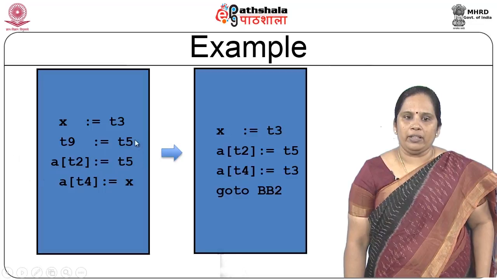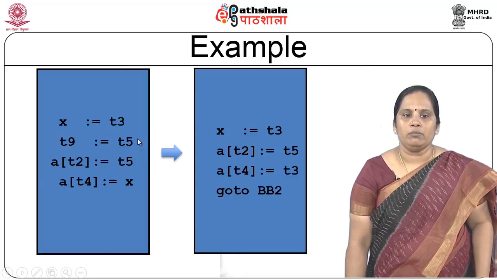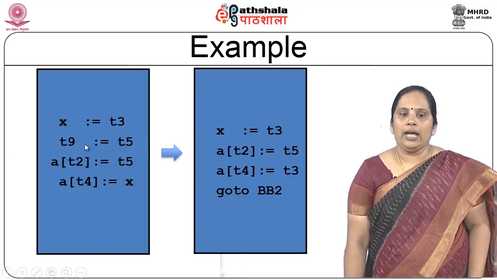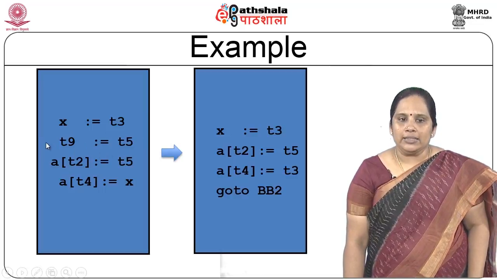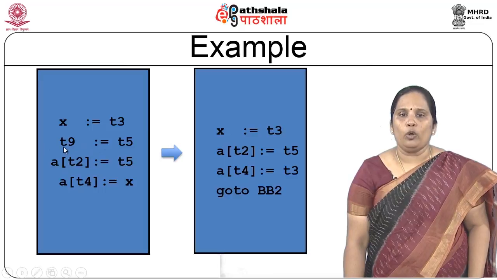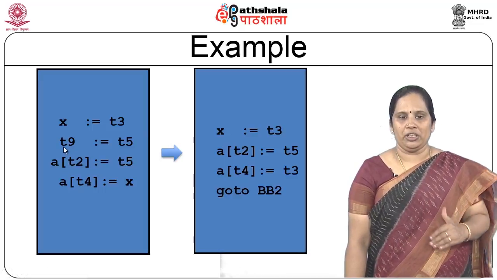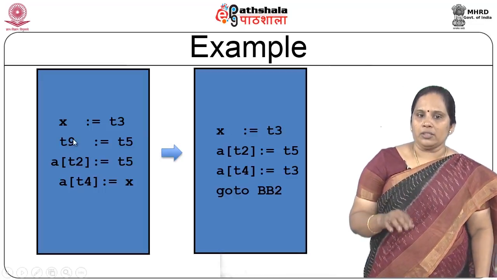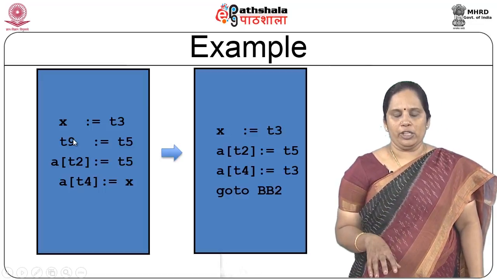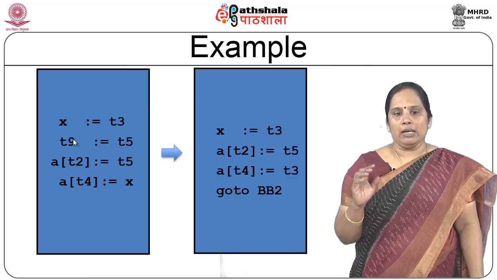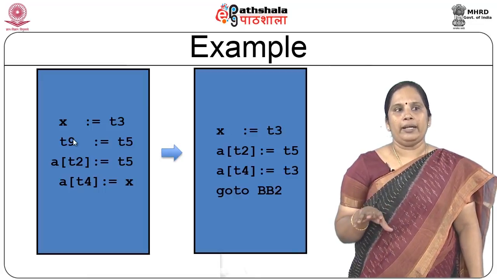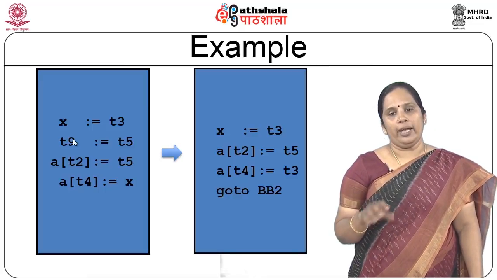Now this T9 is equal to T5 becomes redundant because I am not using T9 at all. Therefore, it has been taken off. Now this code is called dead code. Okay, we will see that optimization in the next thing. Because of common sub expression elimination, where you are getting rid of some variables, some statements become dead. They have to be also eliminated.